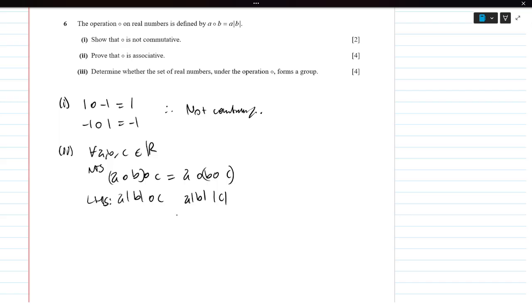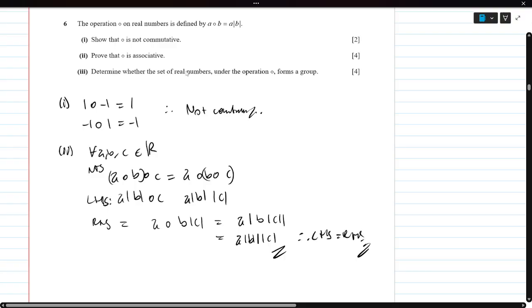Right-hand side is this, and this is, which is just, yeah.